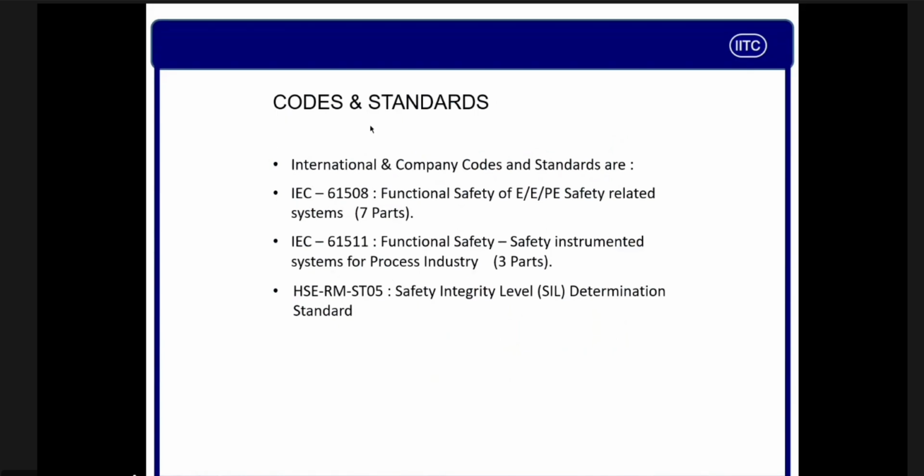Basically, for the SIL assessment, there are various internationally recognized standards. We are going to use IEC 61508. Guys, any question for me? No. Proceed. Okay. And there is another recognized standard, IEC 61511.